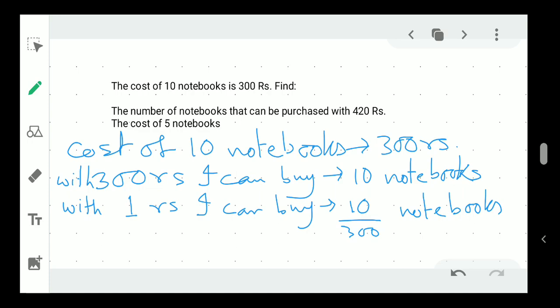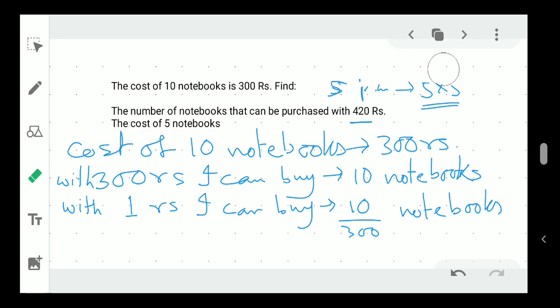Now I have to find out how many I can buy with 420 rupees. You know that if one pen costs 5 rupees, then 5 pens will cost 5 into 5. So when you have the value for 1 and need to find it for more, you have to do multiplication.